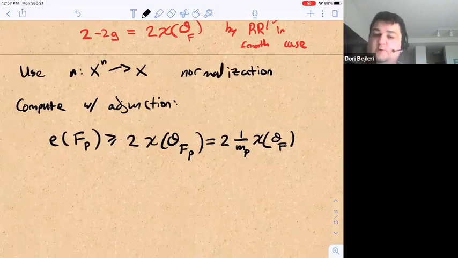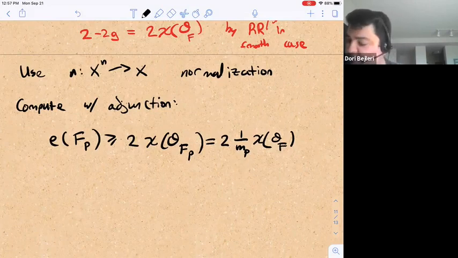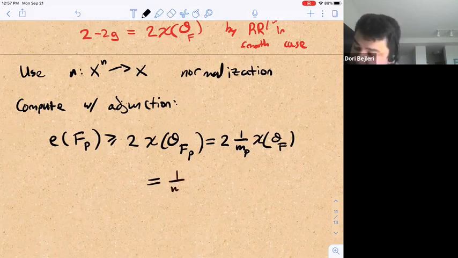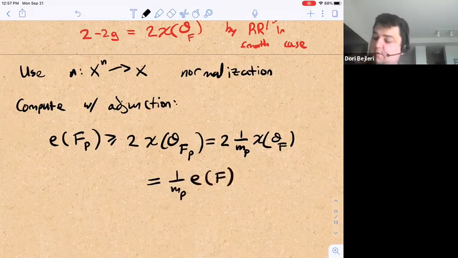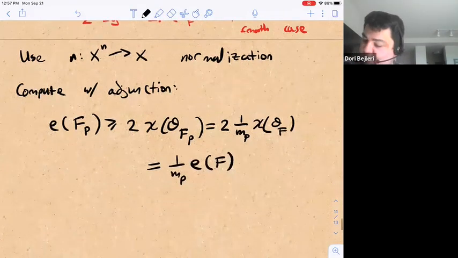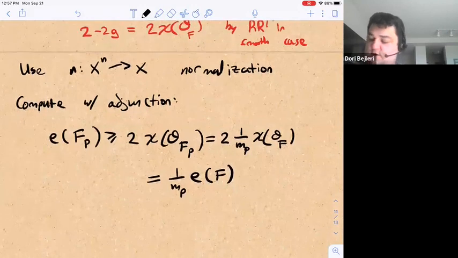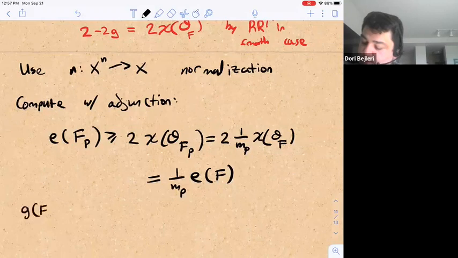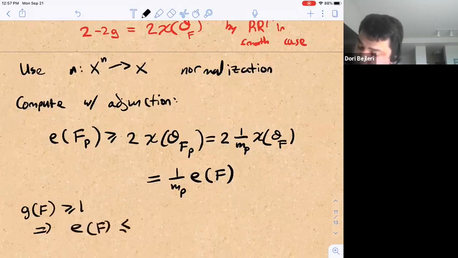And then our general fiber is smooth because we're in characteristic 0 and we have some morphism whose source is a smooth variety. So F is smooth. So again, by the lemma, this is the same as 1 over mp times the topological Euler characteristic of our general fiber. But then we also know that our general fiber has genus at least 1, which tells us that its topological Euler characteristic is less than or equal to 0.